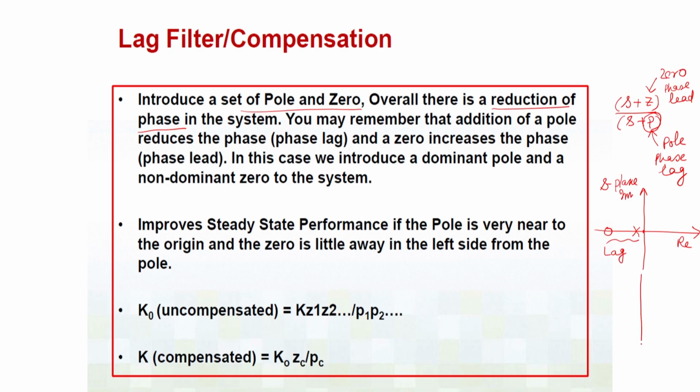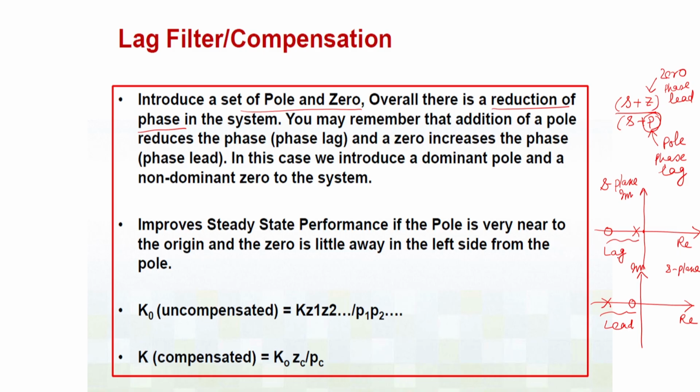On the other hand, if I draw another diagram in the same S plane, real versus imaginary, and there I have a zero which is closer to the origin and the pole is away, this combination is called the lead compensator. This is what we have seen in the last class.